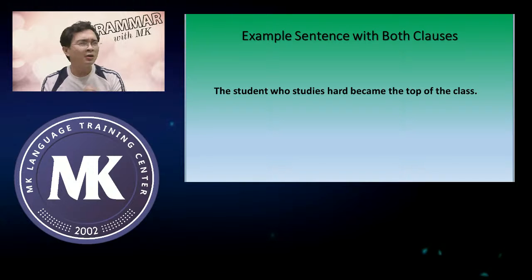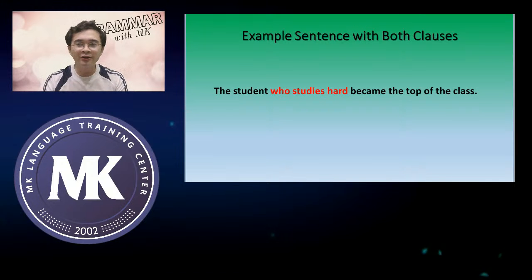Most students, and not only students but also some people, have problems determining the correct verb in this sentence, because we can see two verbs, right? We have studies and we have the word became. So for you guys, where do you think is the main verb in this sentence?